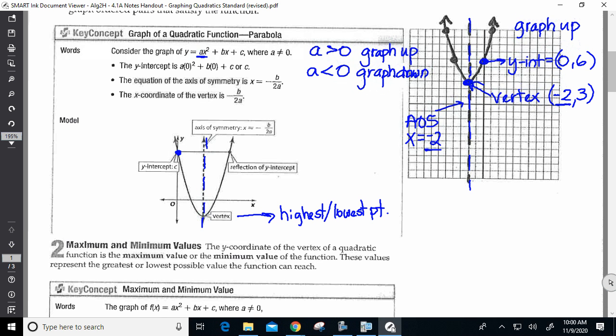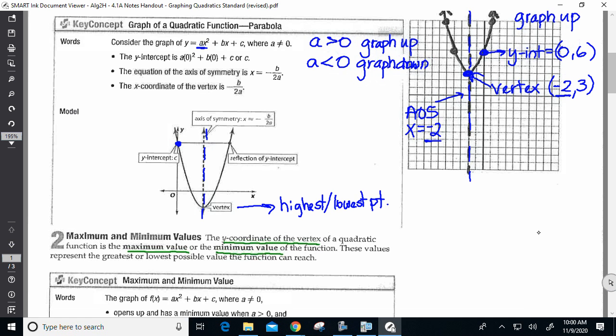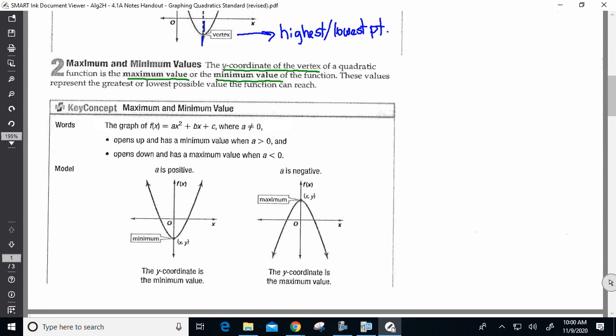The next thing is maximum and minimum. The y-coordinate of the vertex tells you the maximum or minimum value. How do I know if I have a maximum or a minimum? It's based off of the a value.